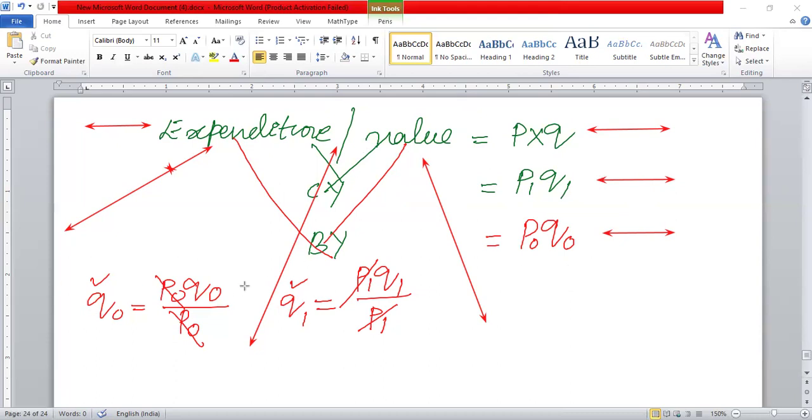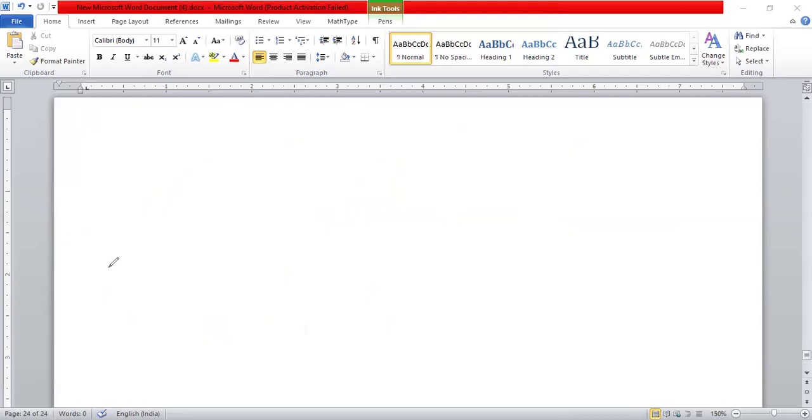If you want Q0, divide P0, Q0 by P0. If you want Q1, divide P1, Q1 by P1; P1 cancels and you get Q1. Few questions are based on that, so don't neglect this type. Every time they won't give you weighted AM or weighted GM sums; this type of sum might also come.